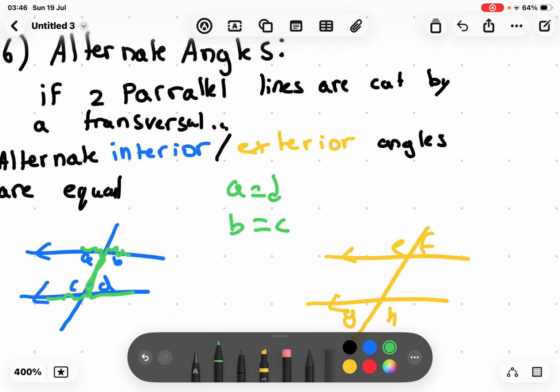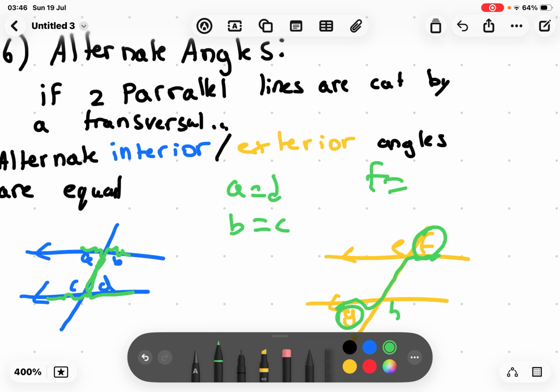Again, this time, we can also do the F. However, the F is for kind of a different one, I guess. But you can also do, again, Z. This one is equal to this.